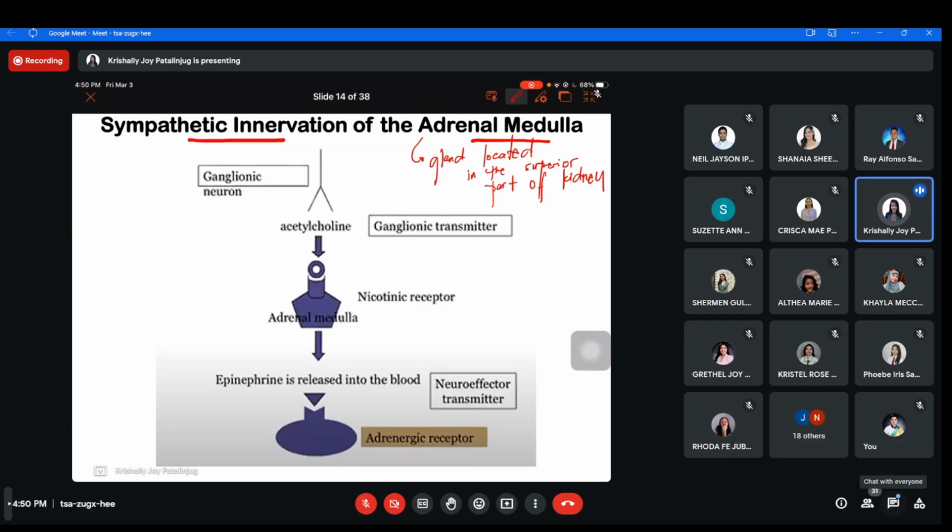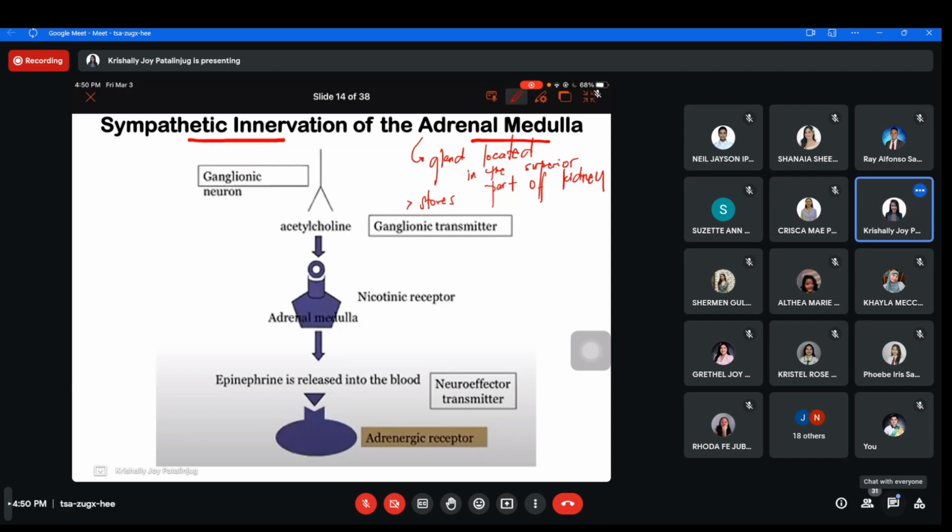And ano ba yung usually stored sa adrenal medulla? Yes, it's epinephrine. It stores, take note, it stores catecholamines. It stores adrenergic neurotransmitter. Diba? I have mentioned earlier two examples of adrenergic neurotransmitter. We have the epinephrine and then the norepinephrine.